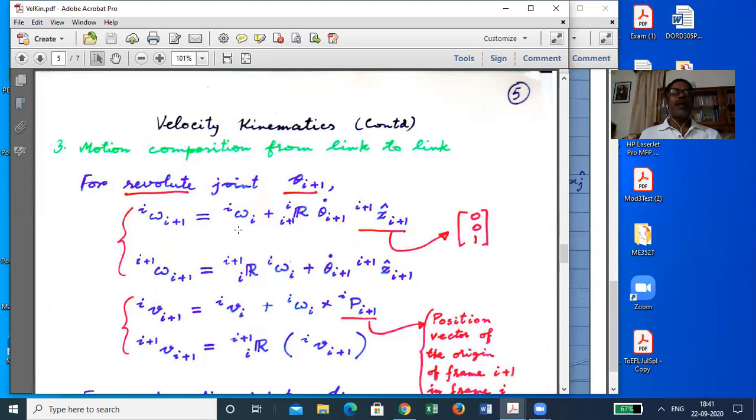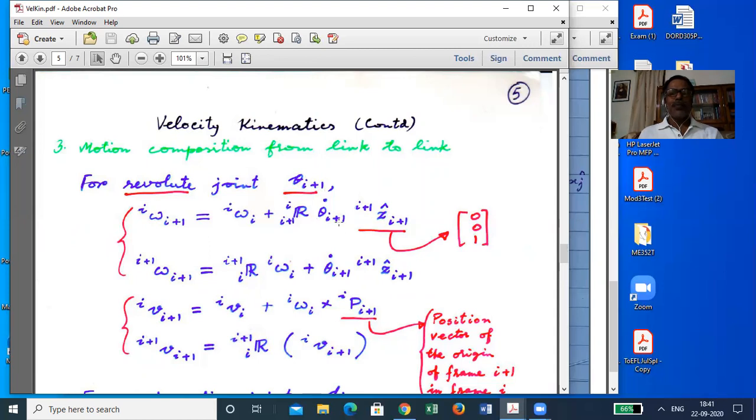So whatever is the absolute angular velocity of frame I itself, expressed in that same basis I, plus whatever is the relative angular velocity. Okay? And that is the angular velocity of the next link relative to the current.